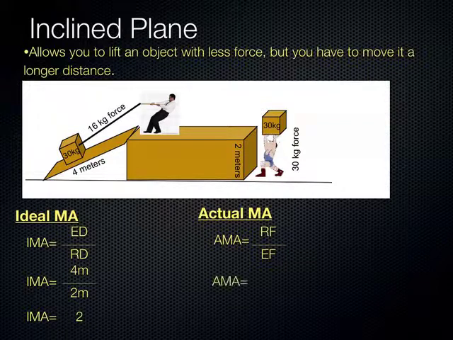Divided by the force you have to apply to use the machine. What is it? 16 kilograms. Giving us a mechanical advantage of 1.9. So it doesn't quite reach the ideal mechanical advantage because of friction.